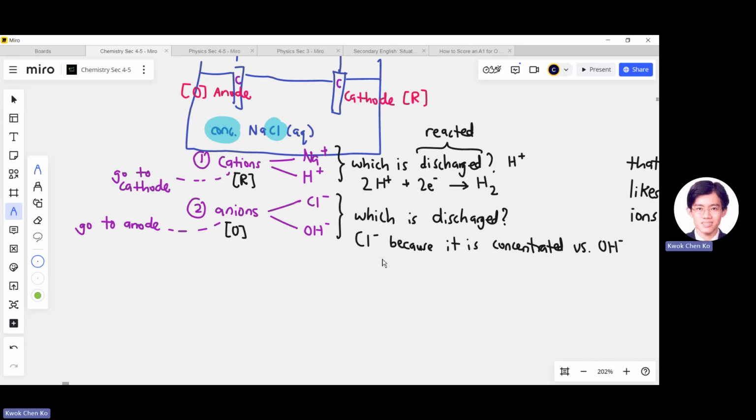What's the equation there? What does it form? Remember, this is an anion. Anions undergo oxidation. Oxidation means electrons on the right. Chloride will lose electrons to form chlorine gas. Balance it. That is your answer.